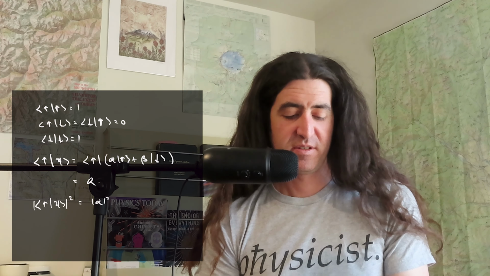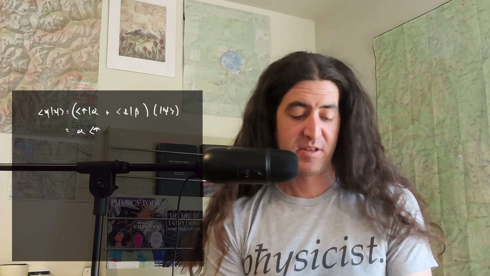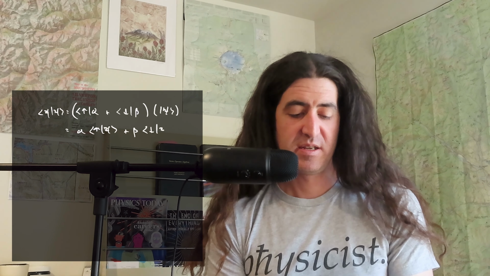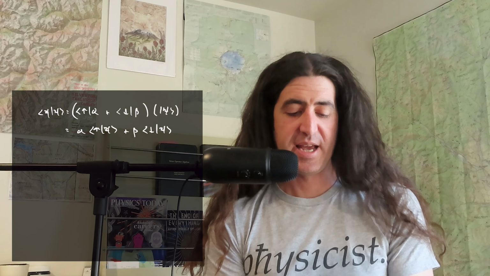So this is hopefully familiar right now. We just have alpha times up with psi plus beta times down with psi, but we already know what up with psi is. That's just alpha, and hopefully, similarly, it's not too much of a stretch for you to figure out that down with psi is just beta.